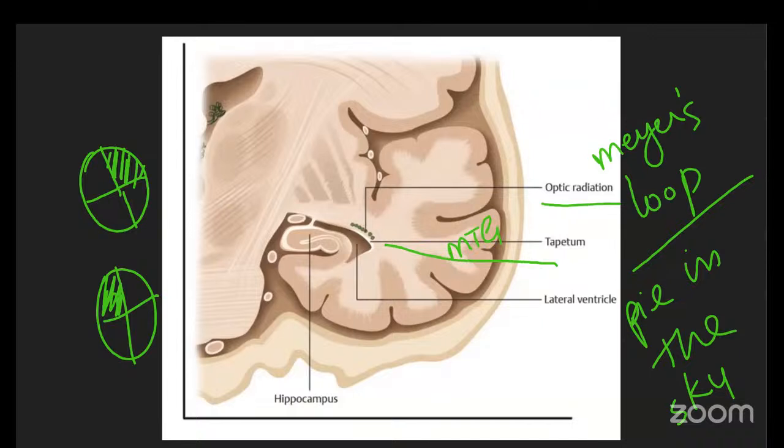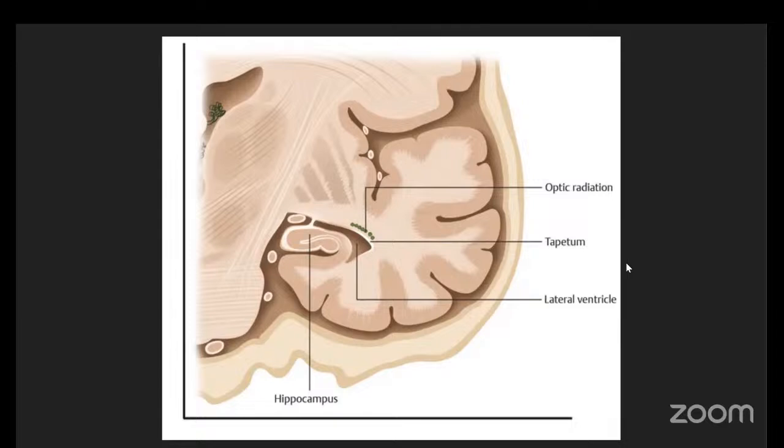Is that what you said? Yes, ma'am. Yes, that's right. So if it is the right temporal lobe, then the upper defect is going to happen. If it is the left temporal lobe, then the lower defect is going to happen. There are trick questions like this. So before answering, always ask where the lesion is, because I did not give you the location of the lesion.